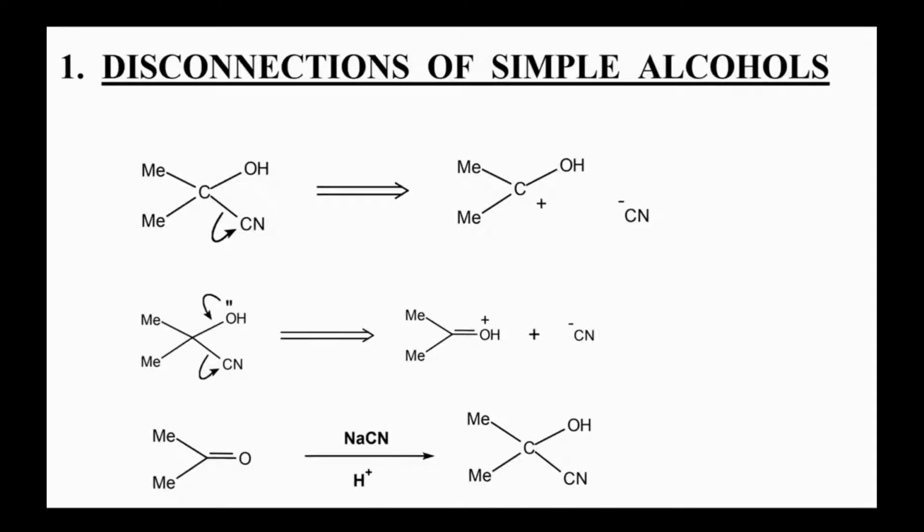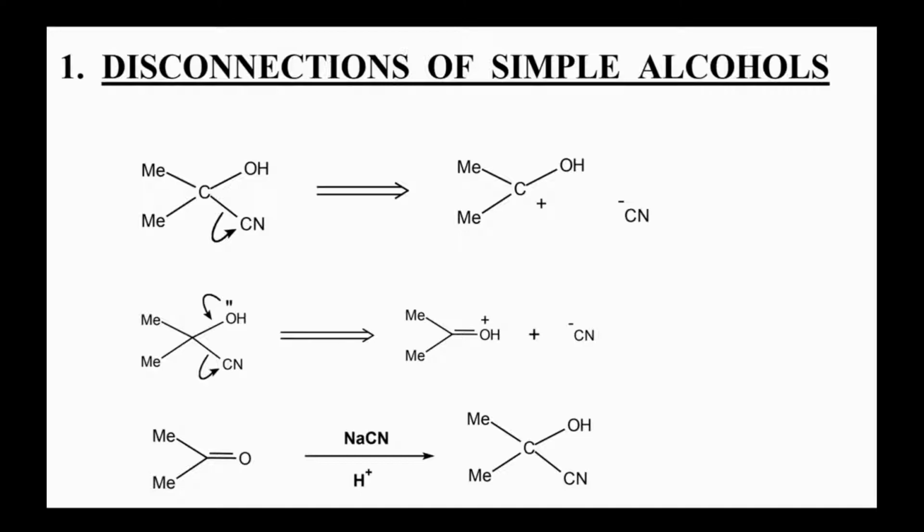Okay. In this slide, you will learn the disconnections of simple alcohols, and you should remember these strategies, or you should understand these sorts of approaches when you solve complex molecules, because they will come in handy there, since you will already be familiar with how you can disconnect these compounds.